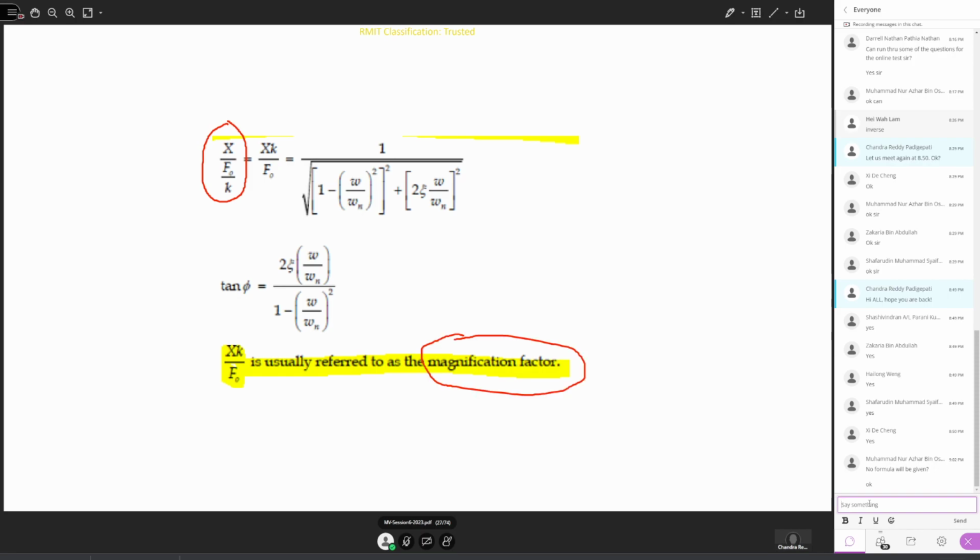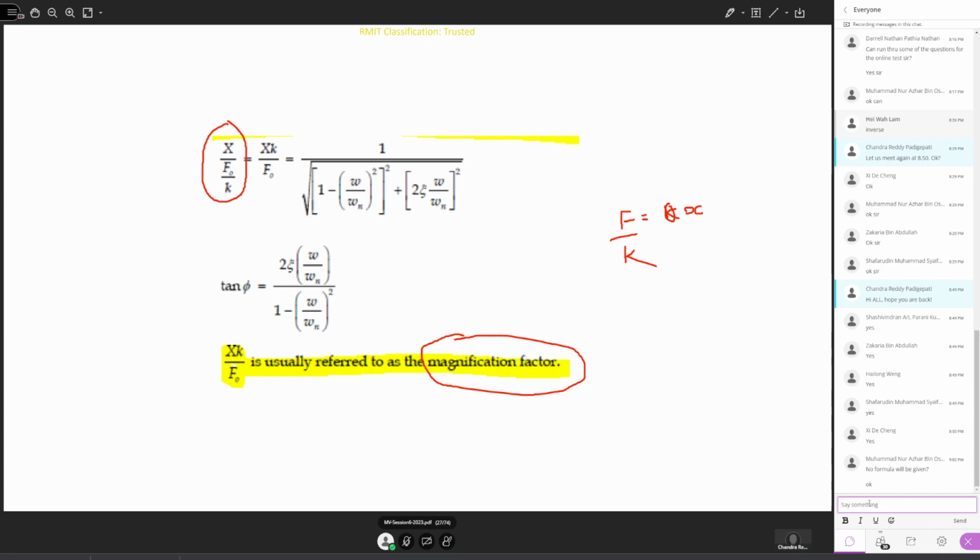We know that force can be written as kx. So force over k is basically the displacement of the spring, and capital X is the displacement of the mass. The ratio of these two things we call the magnification factor.